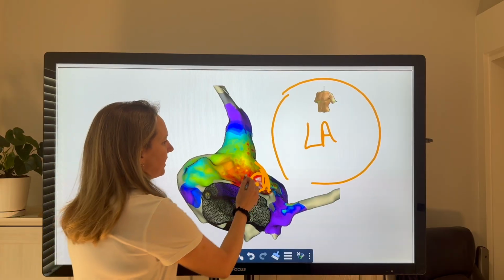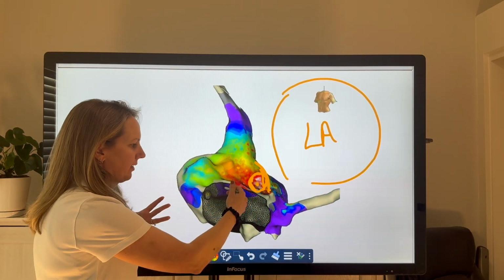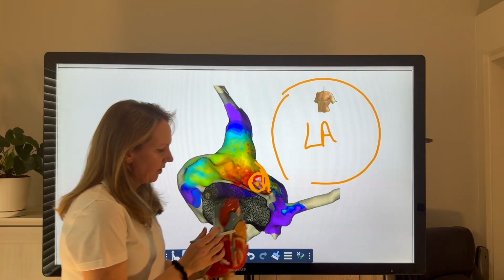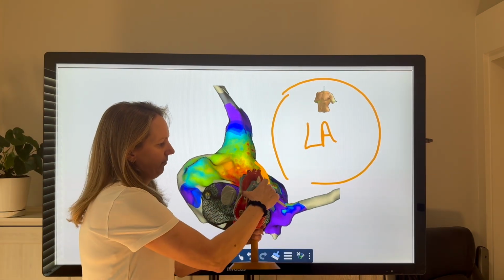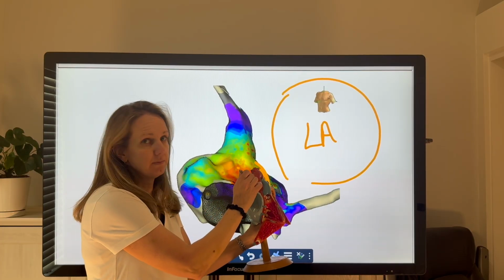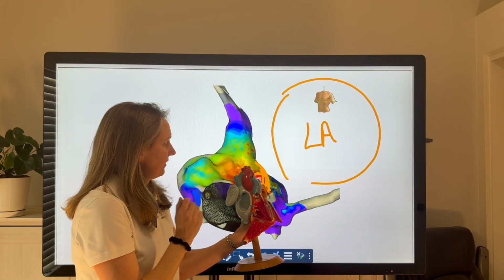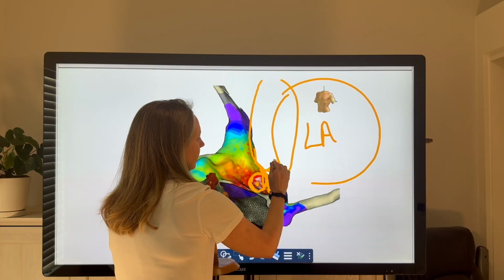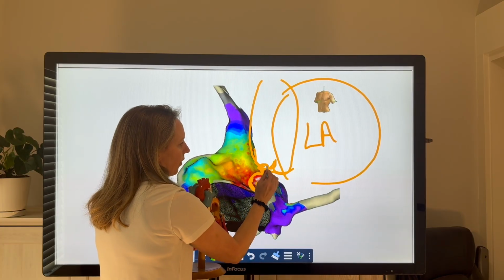And then what sits in between these structures? Let me find my heart here. If you look in between right atrium, left atrium, right here is our aorta. So coming in with our aorta here, our non-coronary cusp is right in this area.